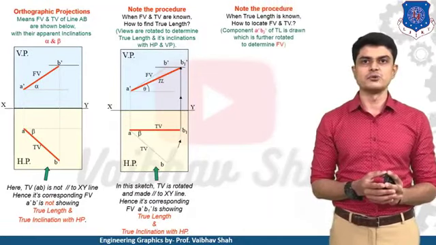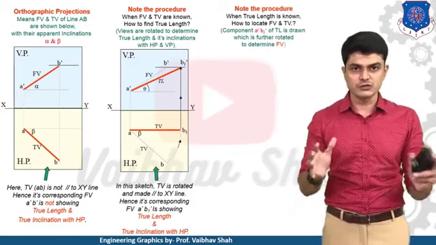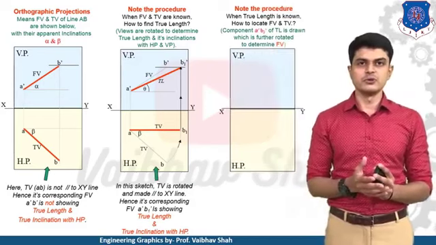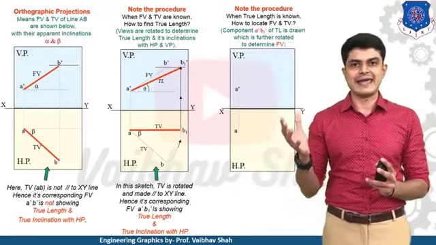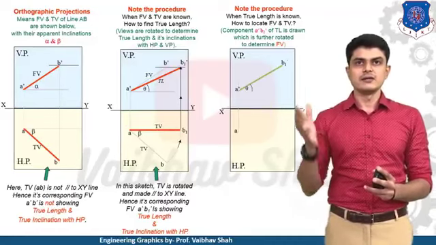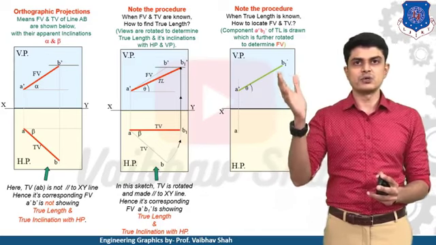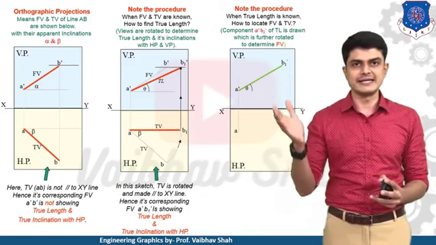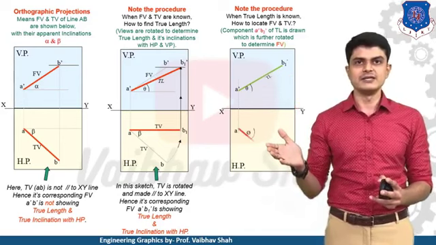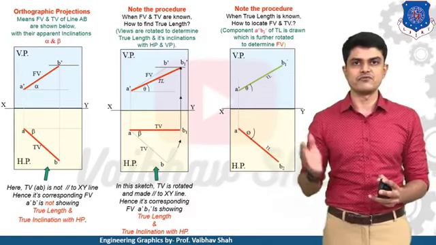Right? So now let us see the second case. In the second case, the true length is known but the top view and front view are not known, so what to do? We'll find point A and A dash by the projection of points method. We'll then draw the angle of true length, theta, A dash B1 dash, which is a true length in VP at angle theta, and draw another true length here, AB2, at angle phi.